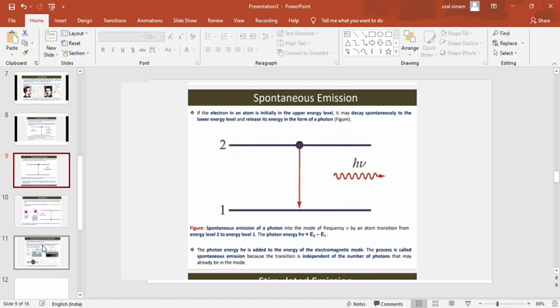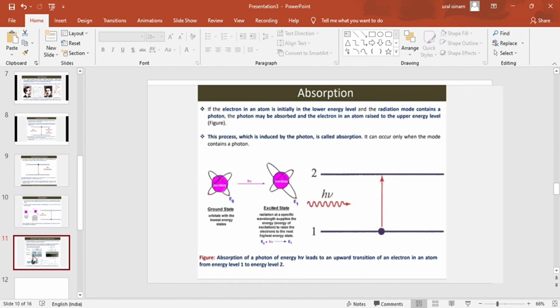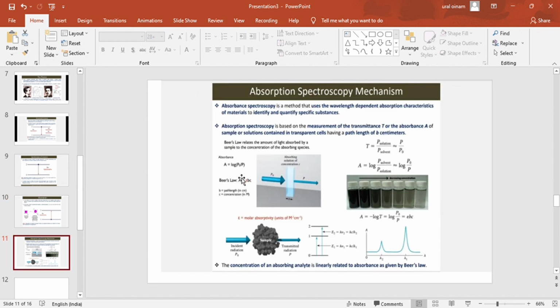And also we have the absorption spectroscopy. So now we are going to discuss Beer's law. Beer's law relates the amount of light absorbed by a sample to the concentration of the absorbing species.